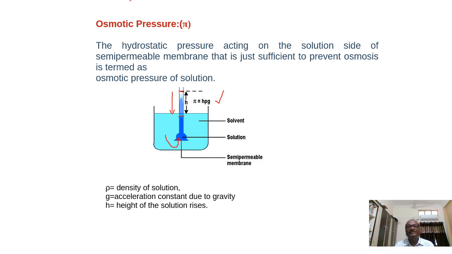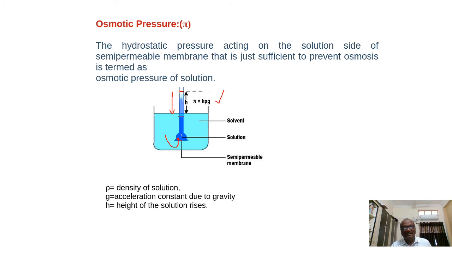The hydrostatic pressure developed on the solution side of the semi-permeable membrane that is just sufficient to prevent the osmosis is called the osmotic pressure of the solution. This height H is a hydrostatic pressure acting on the solution, which can just prevent the passage of solvent because of the osmosis. That is called osmotic pressure. So the osmotic pressure is the pressure developed on the solution to prevent the osmosis.